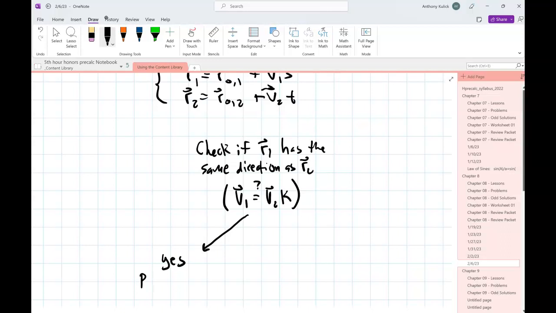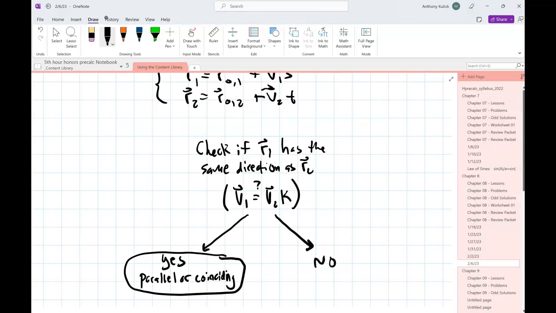If they have the same direction, they could be parallel or coinciding. If they're not, they could be intersecting or not parallel, not intersecting. I'm going to abbreviate that as NPNI because there's just too many letters to spell that out every time. Everybody cool with the flow chart we're kind of building here?